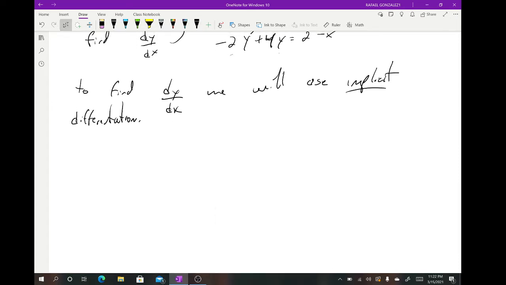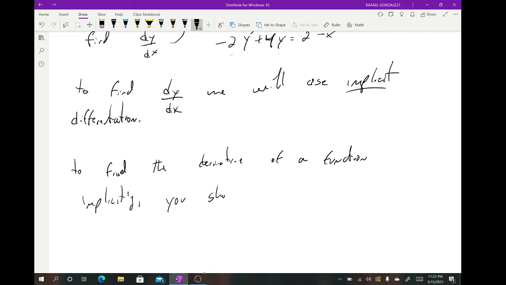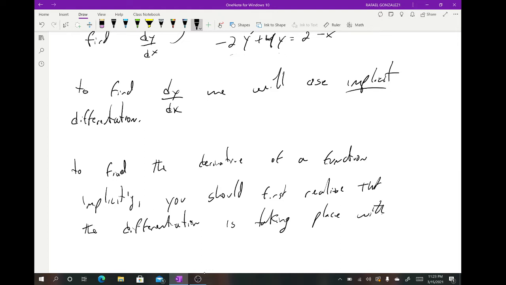All right, so first of all, to find the derivative of a function implicitly, you should first realize that the differentiation is taking place with respect to x.